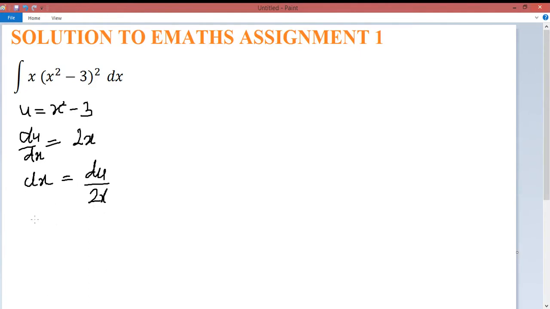Then we substitute our u and dx. Now it becomes the integration of x u squared du over 2x.